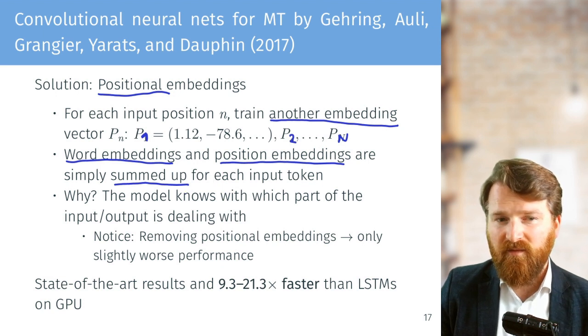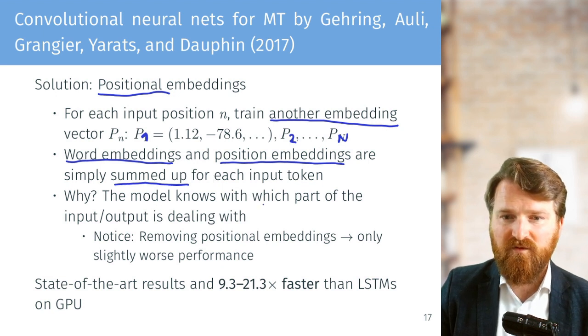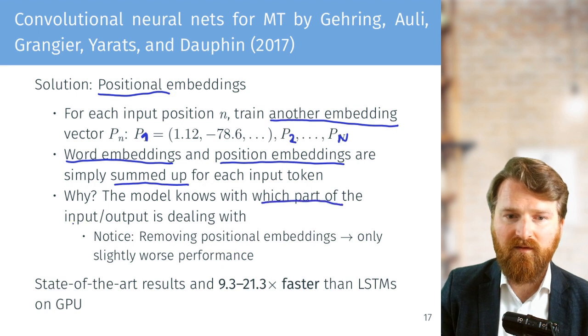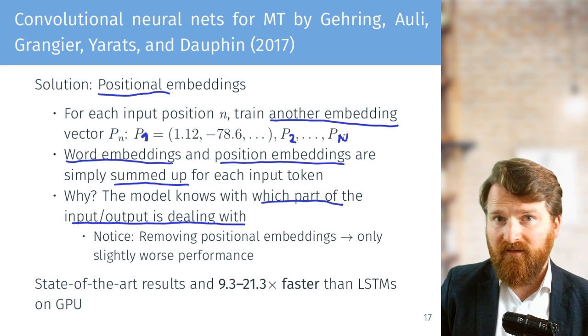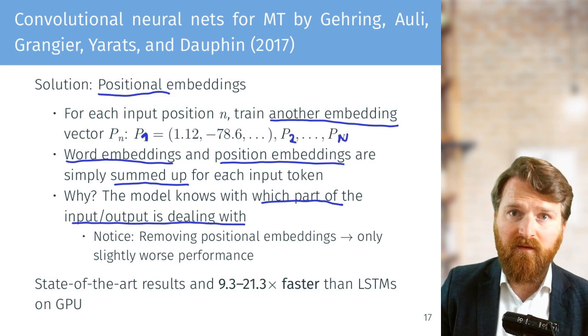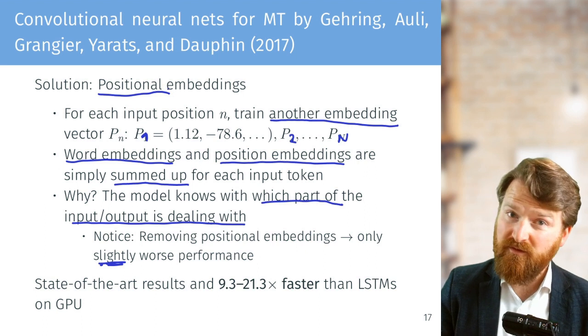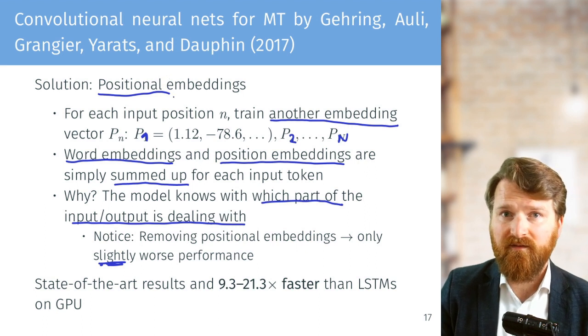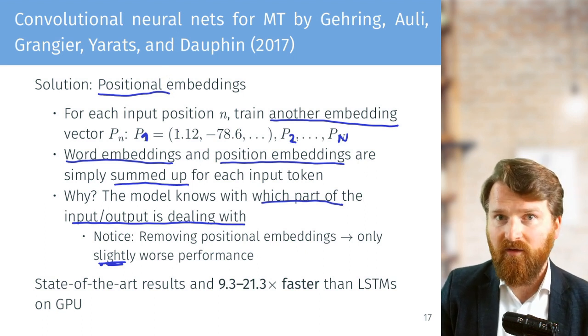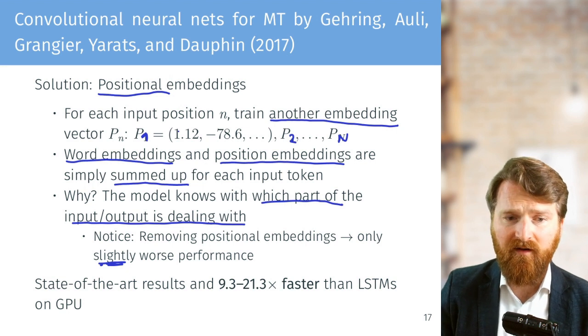The advantage of this approach is that the model knows which part of the input it is actually dealing with. So it was an advantage to be able to deal with this positional information in the model. In fact, when they removed the positional embeddings, there was a drop in performance, but only a slight one. So positional embeddings helped a little bit, but weren't the game changer. But it's an interesting concept, as we will see later.